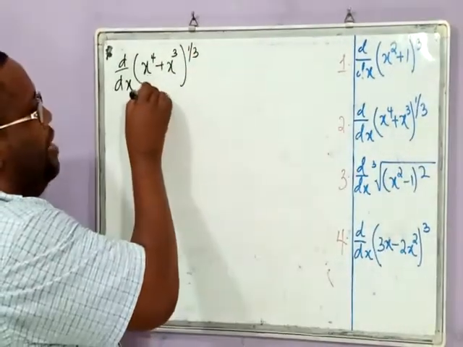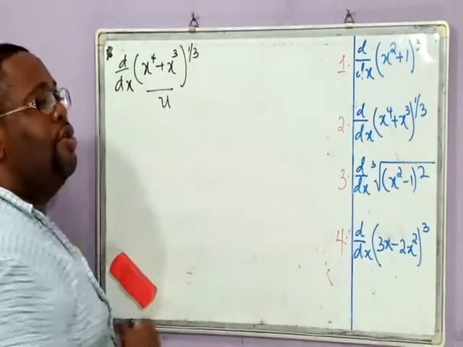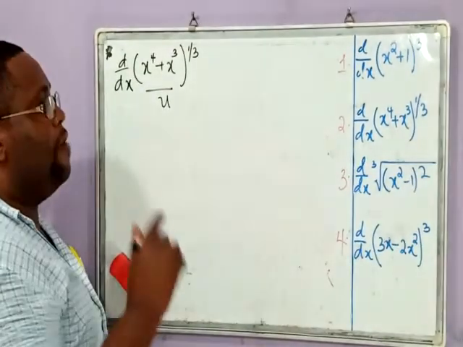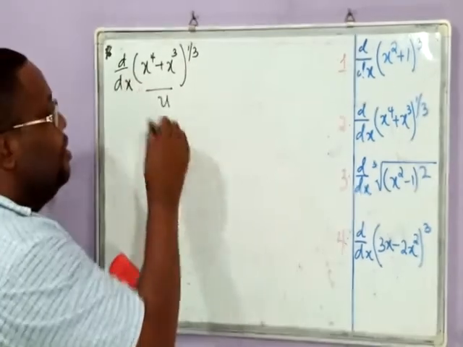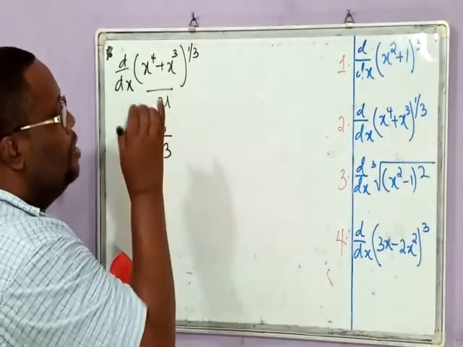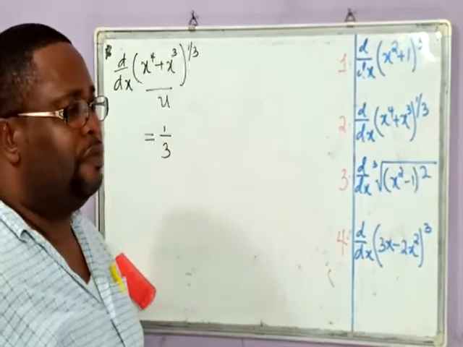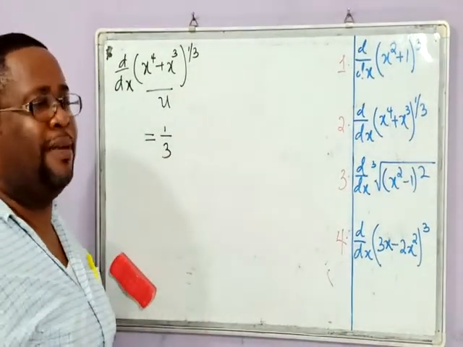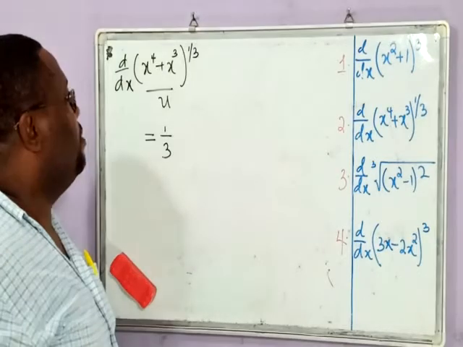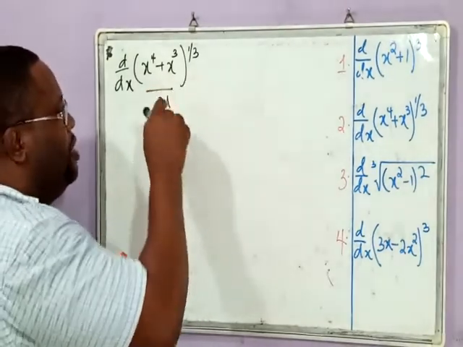So you can imagine this to be your u. The very first thing I am going to do is take this power and bring it down. So I'll simply have 1 divided by 3. Now, instead of going through the long and boring chain rule, I'm going to repeat my u here.